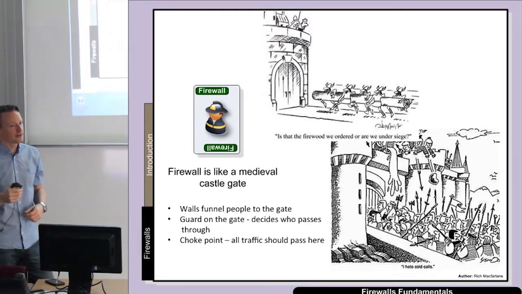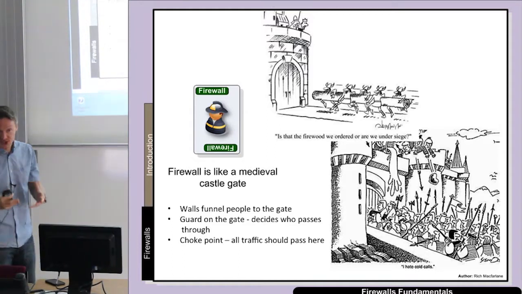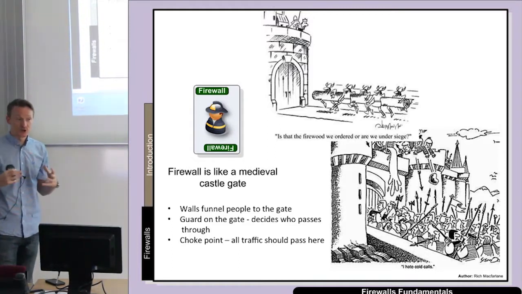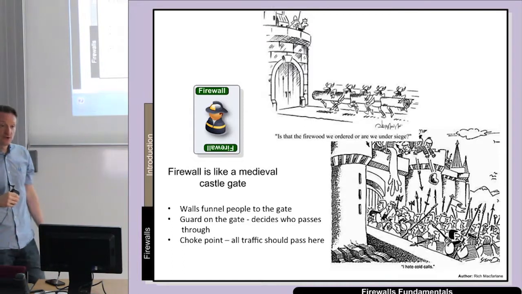So why do they let you back in? Because you've left from the inside, which is safe, which is our trusted area, they'll allow you back in. And as we'll go on, you'll see that is quite similar to how most firewalls work.